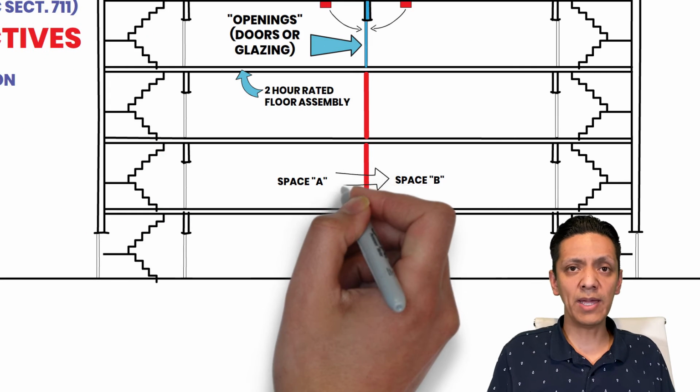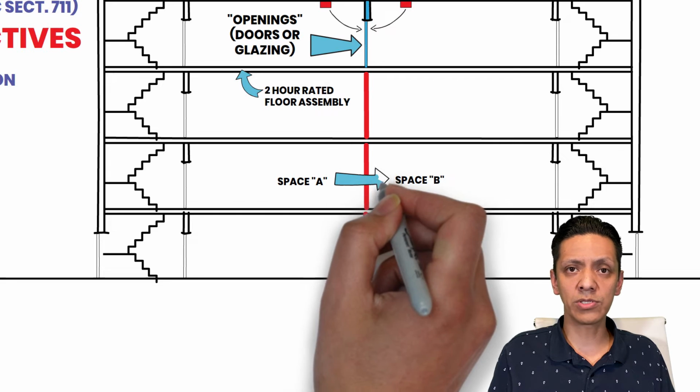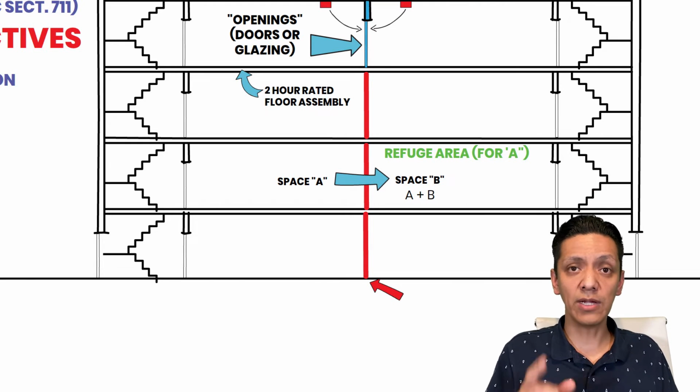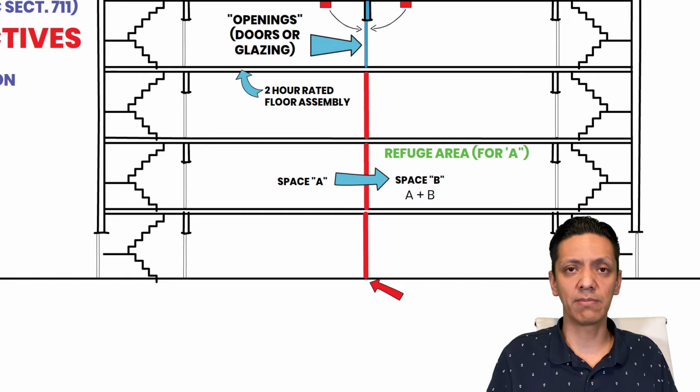For example, if space A is going to exit into the horizontal exit, then you have to assume the worst case scenario, space B being the horizontal exit, it's going to have the occupants from space A plus the occupants of space B. So there has to be a space in space B that acts as a refuge area, not to be confused with an area of refuge, which is very similar terms, and maybe there's some similarities, but an area of refuge is completely different.